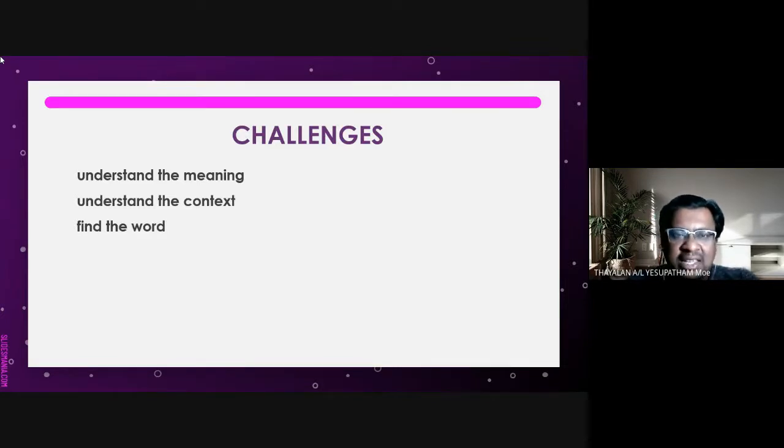Only basing on the meaning and the context would you be able to find the word. So you read the text, kamu baca petikan itu, and you will have to relate the context of the text to the meanings. And then after that, you would find the words.